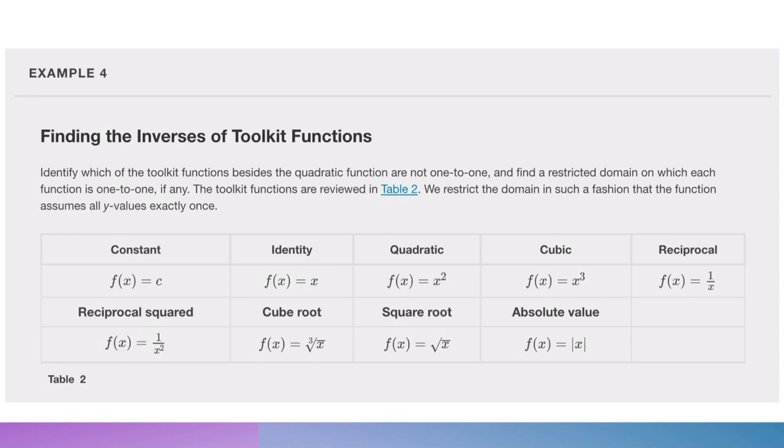One simple way to identify whether a function is one-to-one is to look at its graph. If it passes the horizontal line test, then it is one-to-one, meaning that no matter where you draw a horizontal line, it only touches the graph once. If you can draw a horizontal line and it touches the graph more than once, then it's not one-to-one.